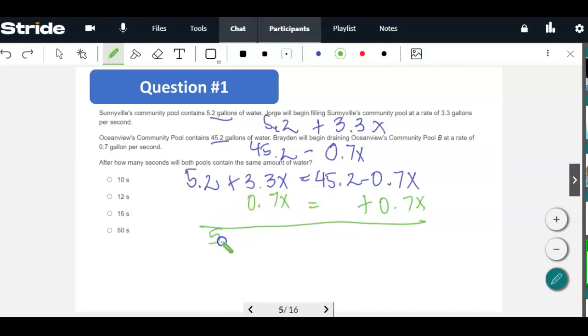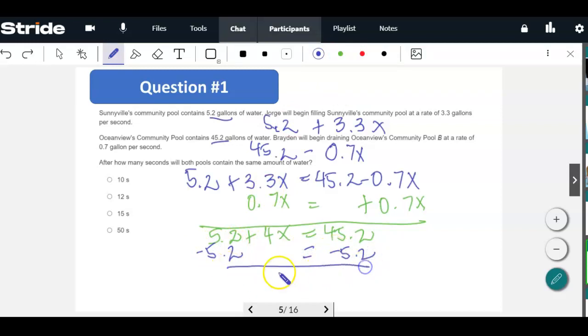And we have 5.2, and 3.3 plus 0.7 is 4. And then 45.2 on the right side. Then we're going to subtract 5.2 from both sides. And we're left with 4x is equal to 40. And the last step, you're going to divide by 4. So x should be 10.